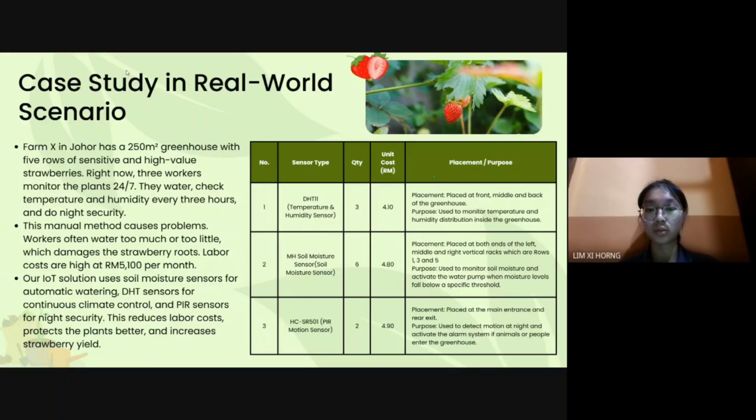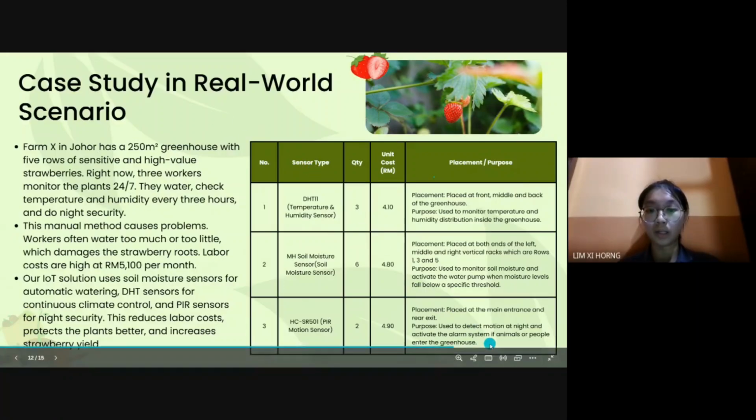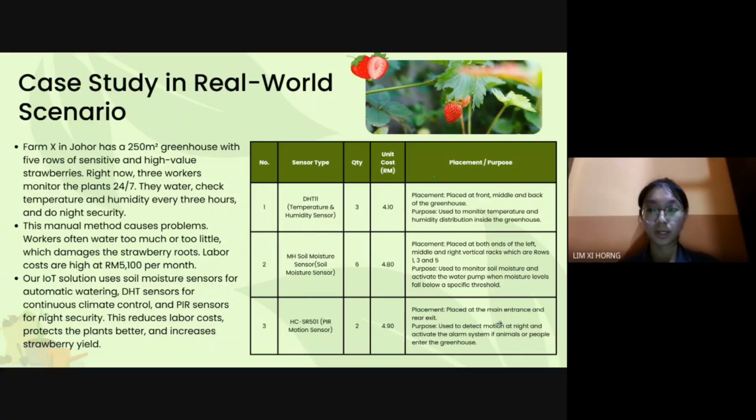The purpose is to monitor soil moisture and activate the water pump when the moisture level falls below the specific threshold. For the last, the motion sensors, we place them at the main entrance and the rear exit. They are used to detect motion at night and activate the alarm system if animals or people enter the greenhouse. So next.